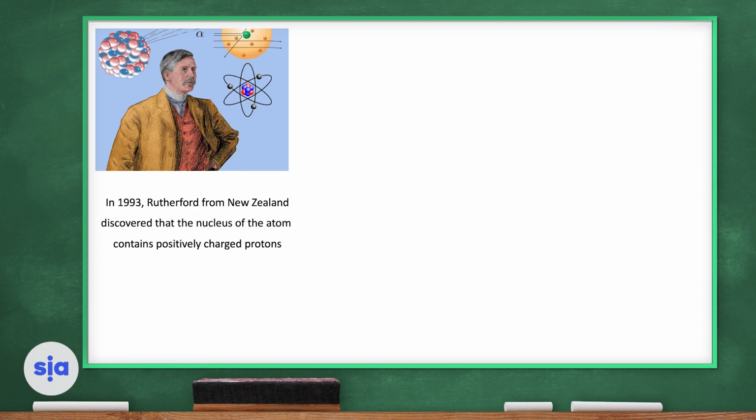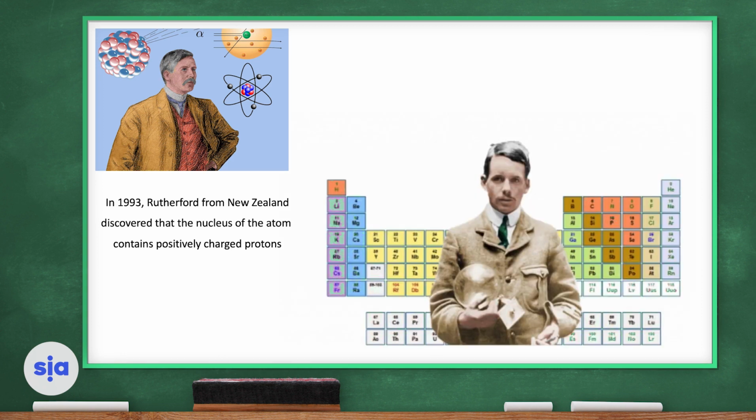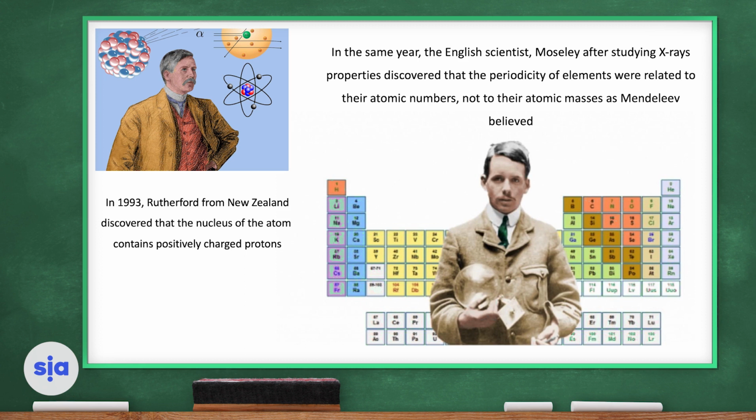In 1913, a scientist called Rutherford from New Zealand discovered that the nucleus of the atom contains the positively charged protons. And in the same year, the English scientist Moseley, after studying X-rays properties, discovered that the periodicity of elements were related to their atomic numbers, not to their atomic masses, as Mendeleev believed.